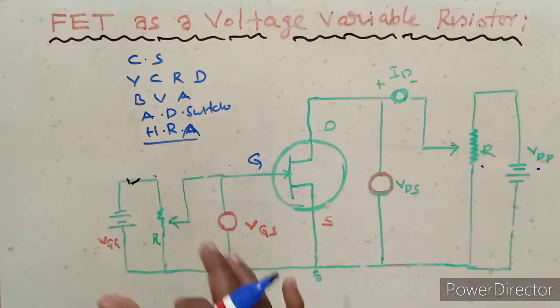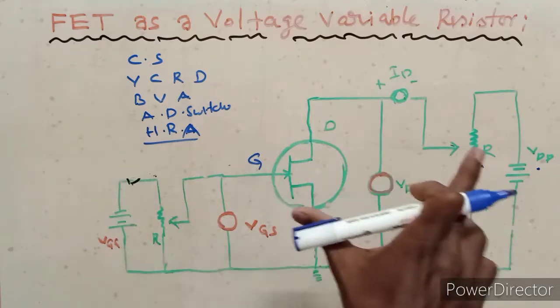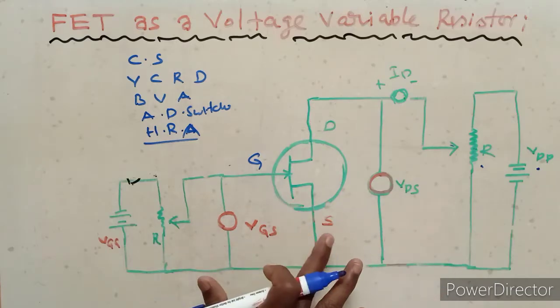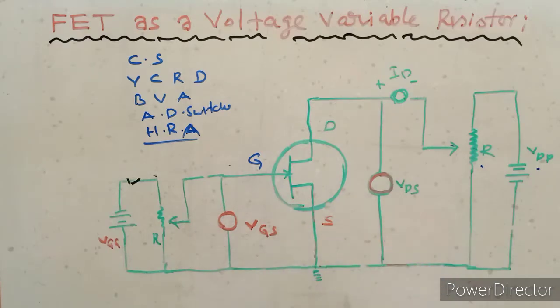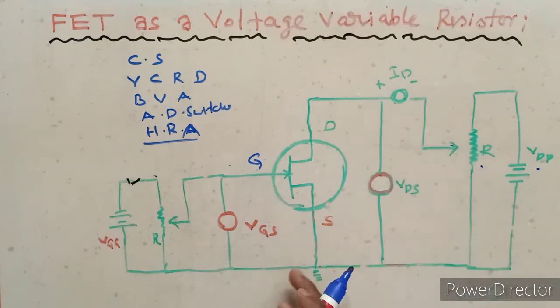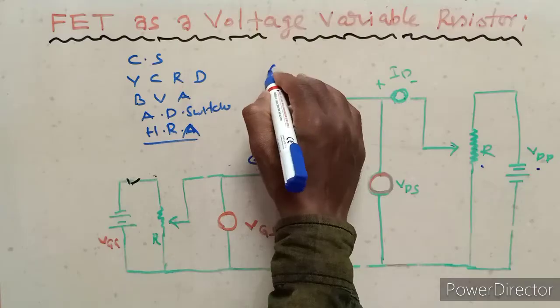These are applications. In most applications of field effect transistor, the device is operated in the constant current portion of its output characteristics.